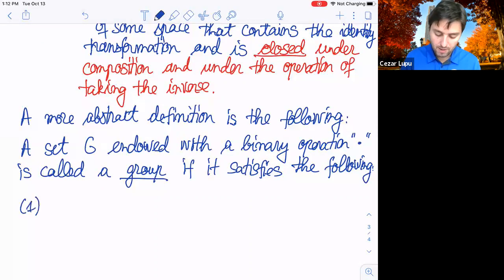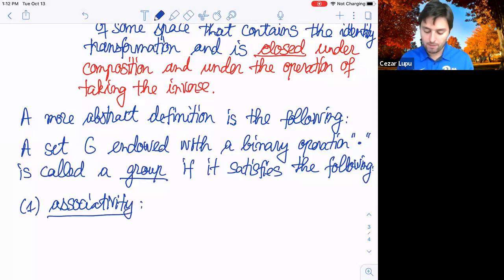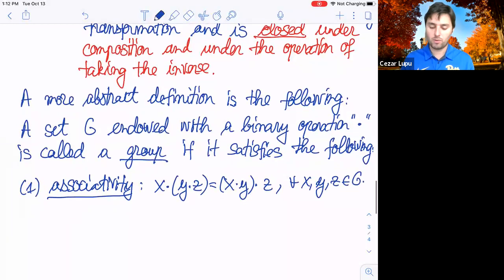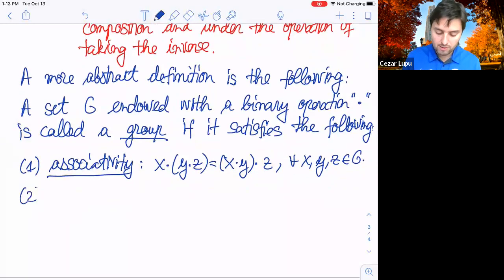The first one is associativity, which says that x dot (y dot z) is the same as (x dot y) dot z for all elements x, y, and z in G. So this is what associativity is. The second one is the identity element.